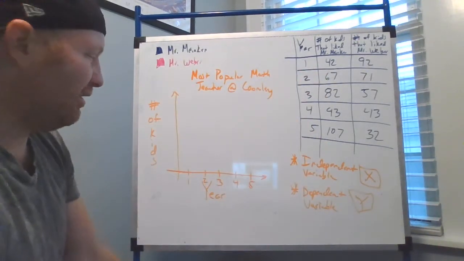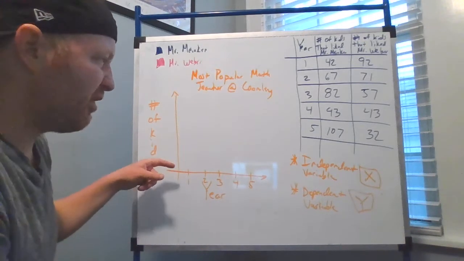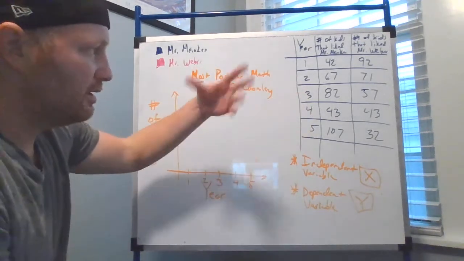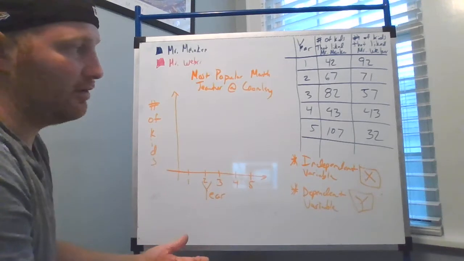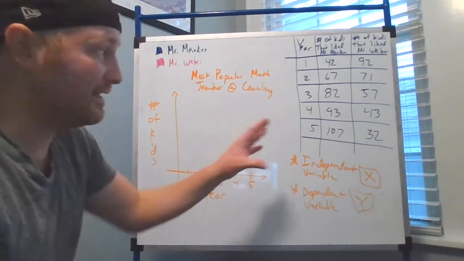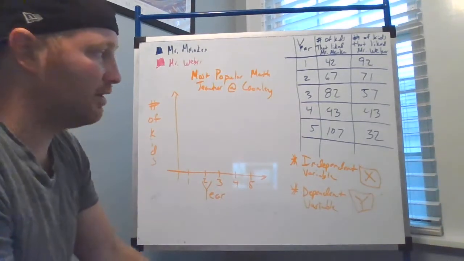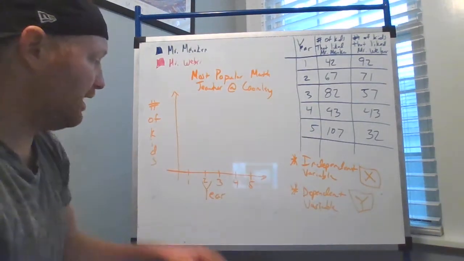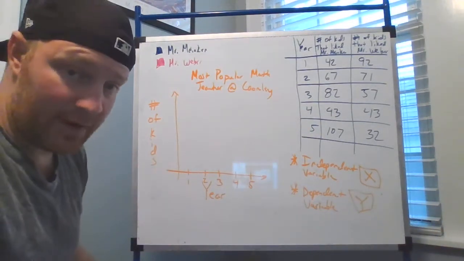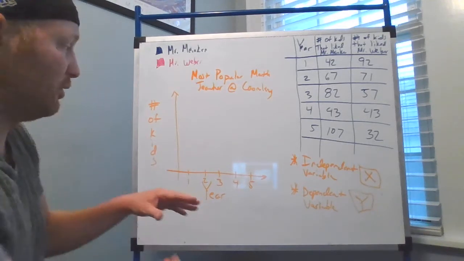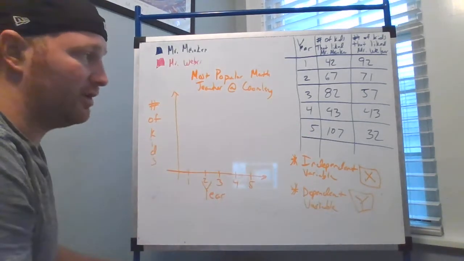I got to fit all my data. So I could start this at 30 because that's the lowest number. I could start it at 10. I'm going to go by 10s because I can see this is going up by 10s and 20s, more or less, and all the way to 107. Starting at 10 would be totally fine, there's nothing wrong with that, I'm only 20 numbers off of 32.